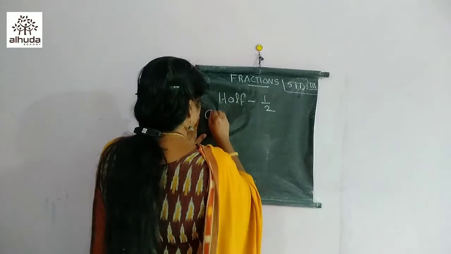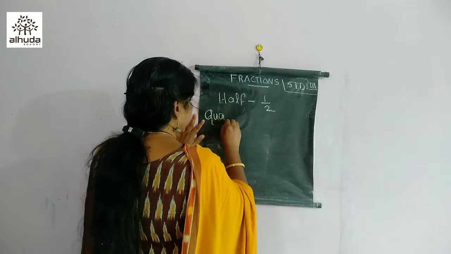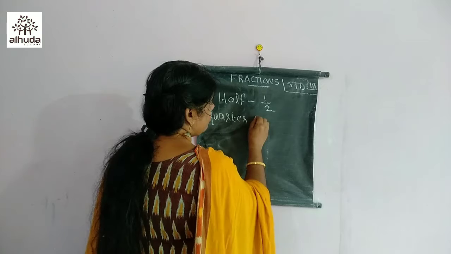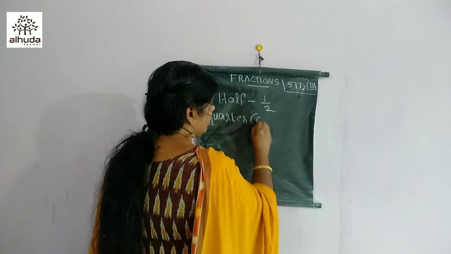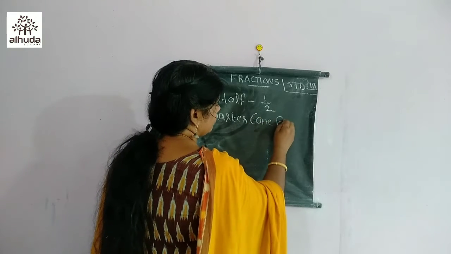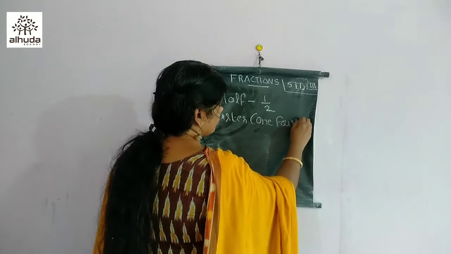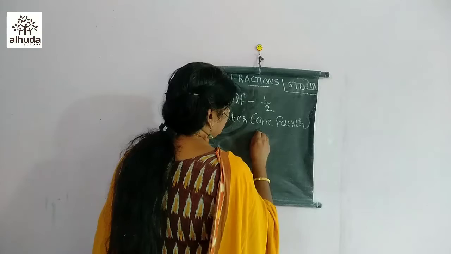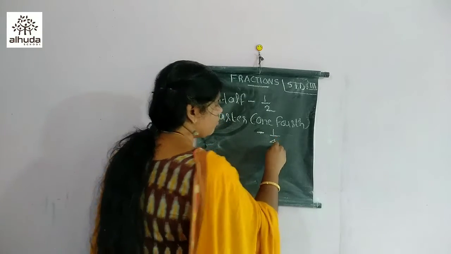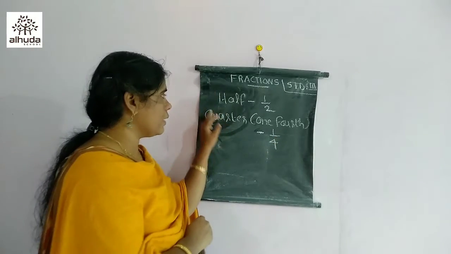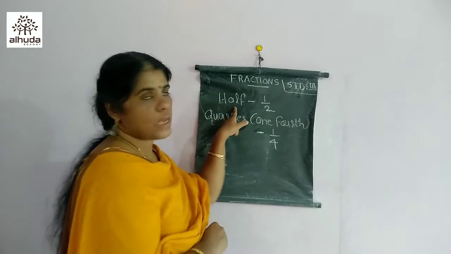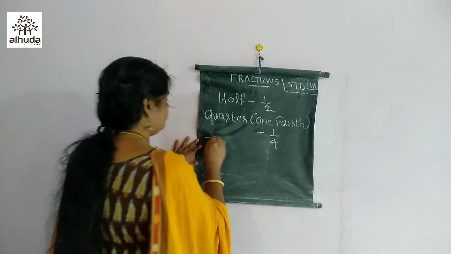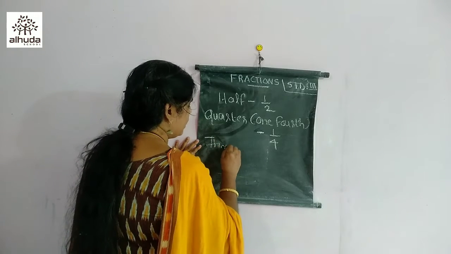Quarter, or 1/4. 1/4 is known as a quarter. 1/2 is known as half. Then 3/4.